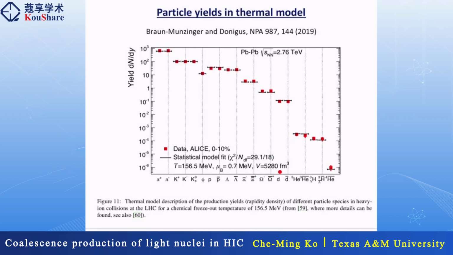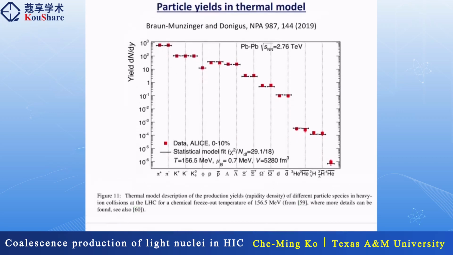Once you know the volume, you can know the yield. So you get a very good description of all the particles from pion all the way to alpha particles, about 9 orders of magnitude. So the statistical thermal model works very well for describing nuclei production, assuming they are produced at chemical freeze out or hadronization.